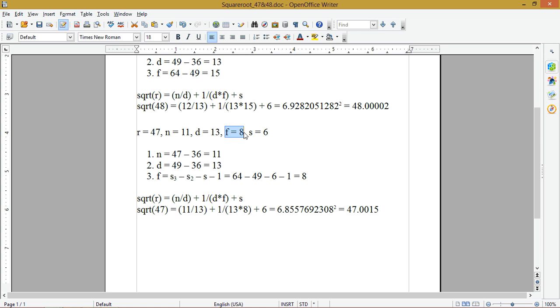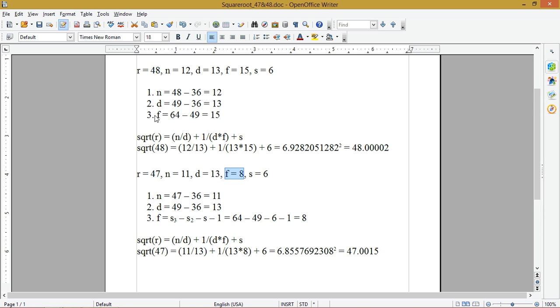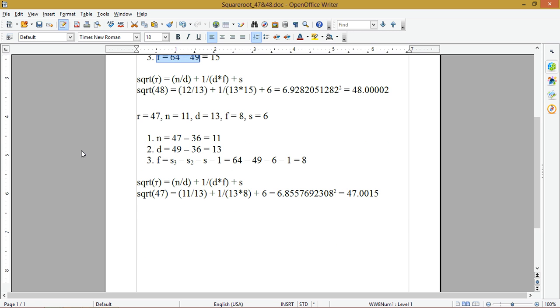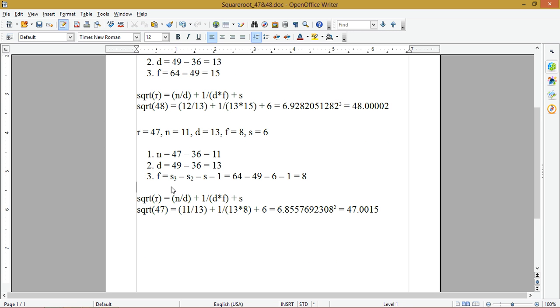Let's talk about f, because this is really the most important value for the equation. You'll notice that when we were looking for the square root of 48, f was just equal to 64 minus 49. This time I'm first going to show you a little bit of an algebraic expression, and then talk about it.